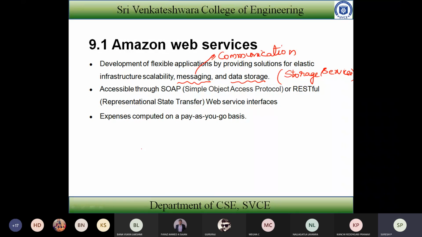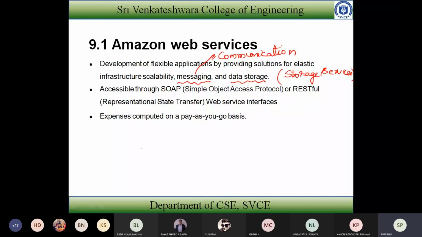One is SOAP, the other is REST. I think all of you have gone through SOAP and REST. SOAP stands for Simple Object Access Protocol, which you have gone through in our web technology. The other is RESTful, which stands for Representational State Transfer interfaces.